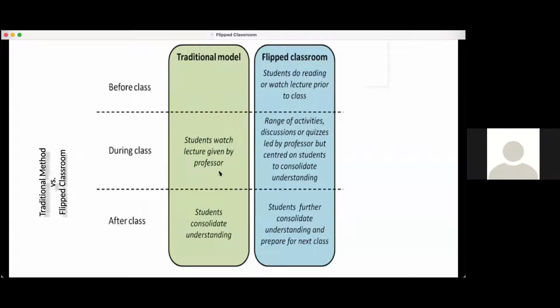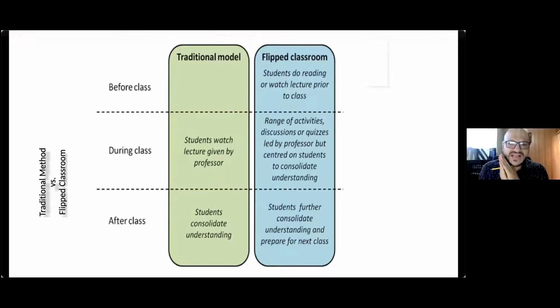Okay, for example, we can see it here. Before the class, in the traditional method, the students do nothing. But in the flipped classroom, students do reading or watch lectures prior to the class. So they are already working before the class. During the class, the students watch the lecture given by the professor.